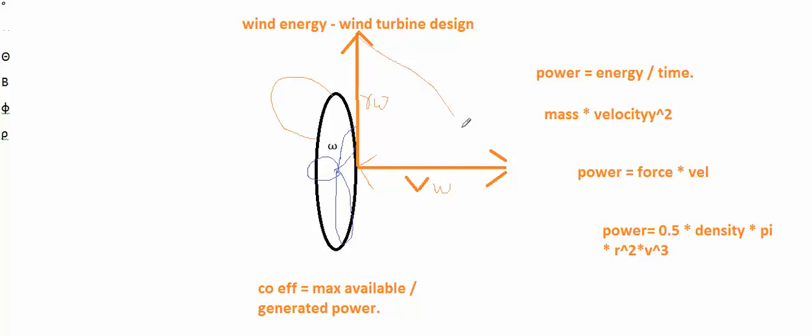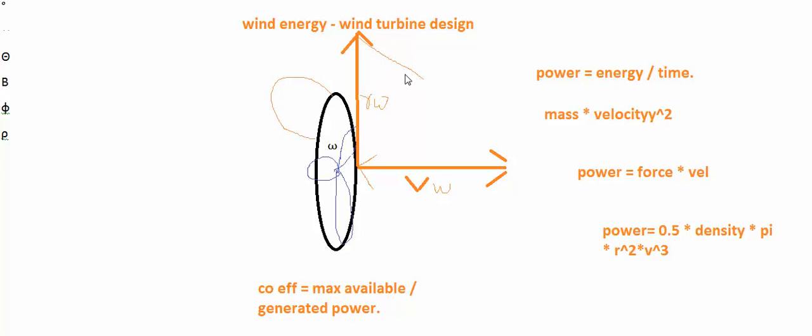It has to be the summation of these two vectors. The magnitude that it would experience has to be the summation of the wind velocity vector and the tip linear velocity.